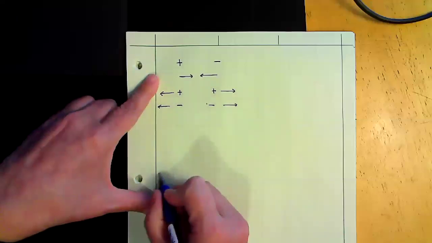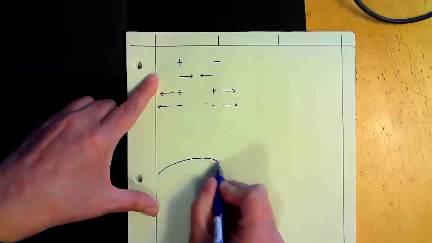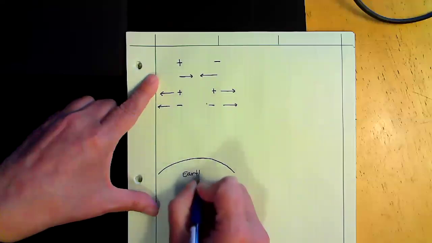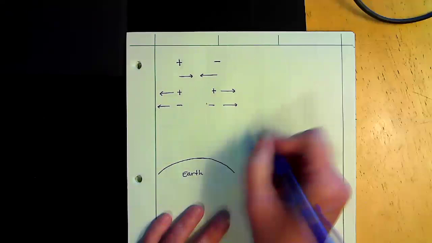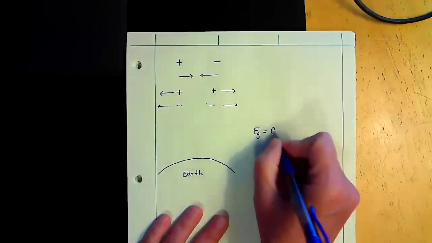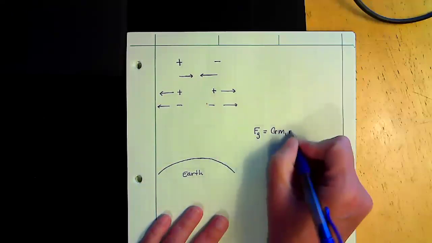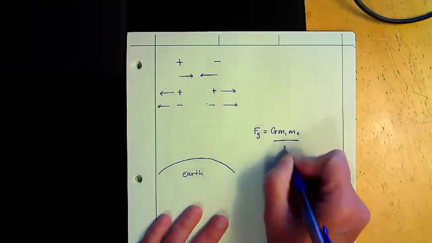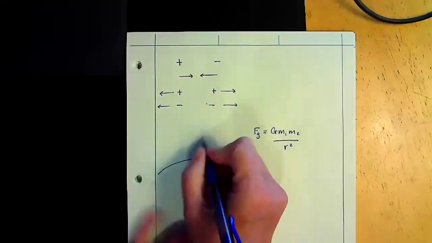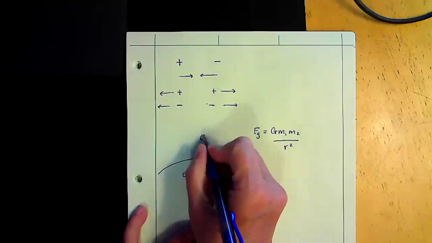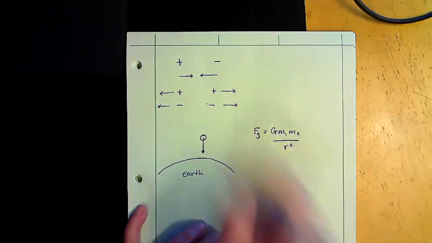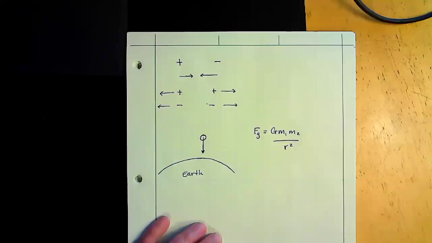And let's look at our Earth system here. So this is good old Earth. And remember, if I do my force due to gravity using universal gravitation, I've got mass 1, mass 2 over r squared. If I have an object here, we know that object is attracted to the Earth and it's going to fall down.